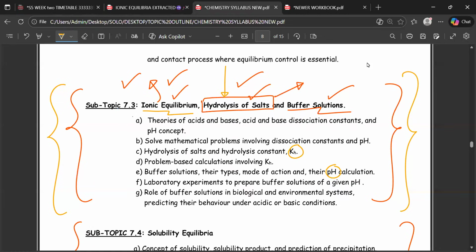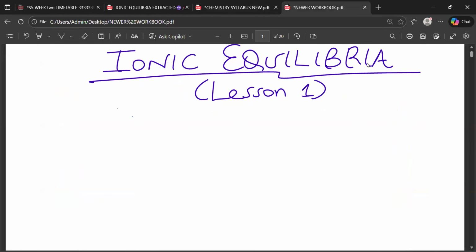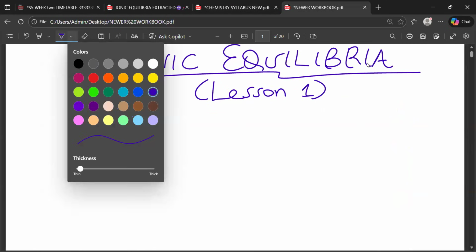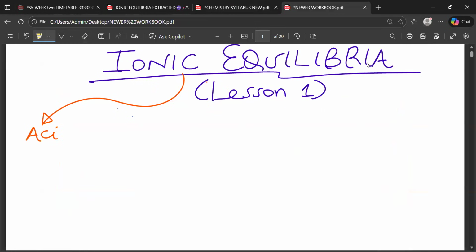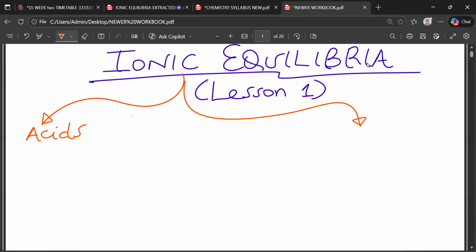Now I can tell you the fact. As far as this ionic equilibria is concerned, I'm going to strictly talk about acids, and I'm going to talk about bases.